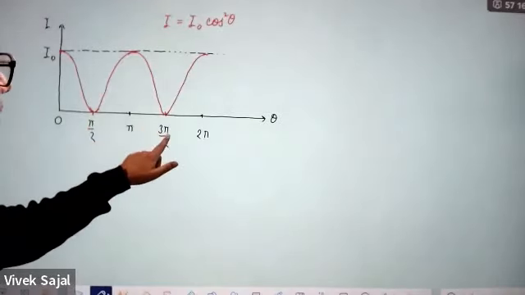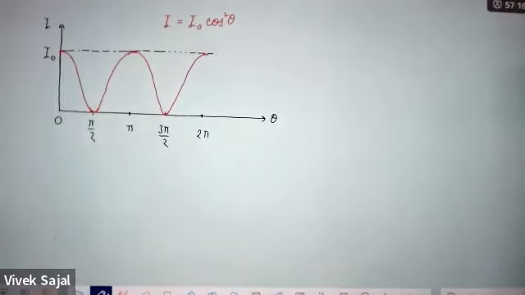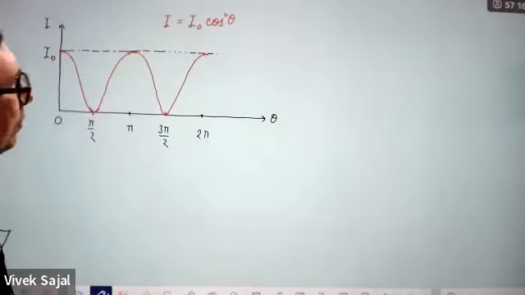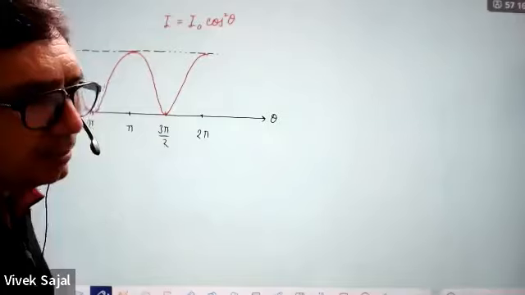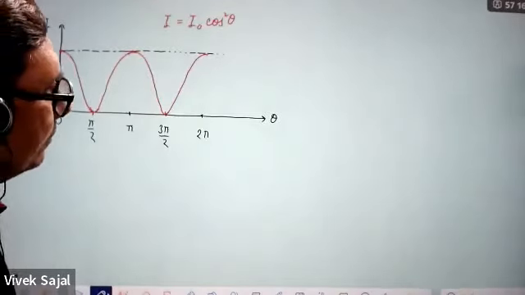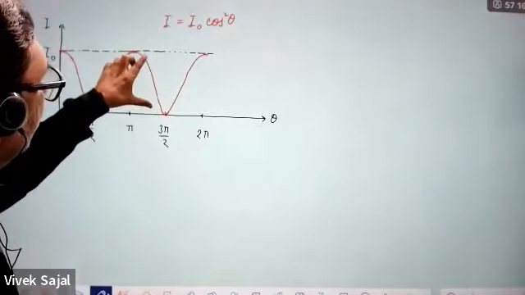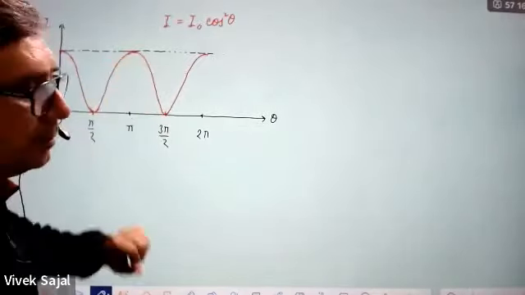At pi by 2 and 3 pi by 2, it is going to be 0. This is a plot of cos square theta. It is not drawn very well, but this type of plot will be there. Is it clear what I am saying? So at other angles, you will find in-between intensities.